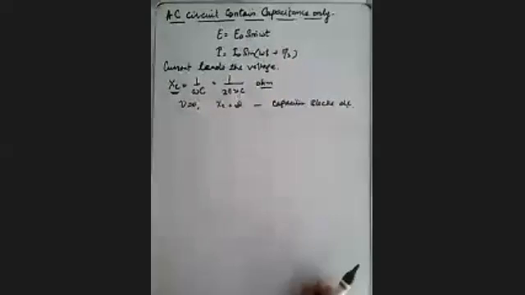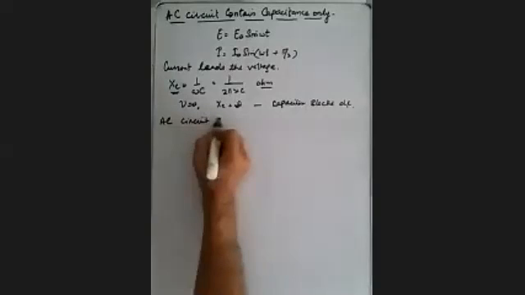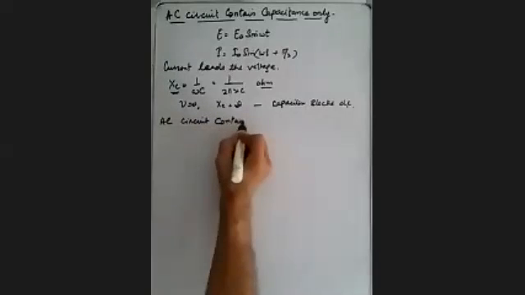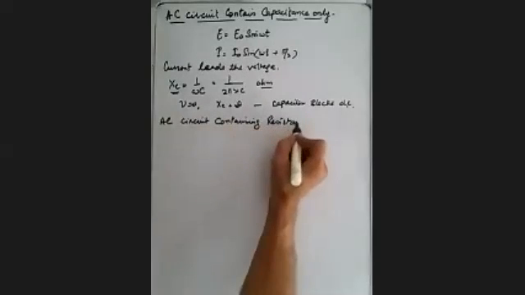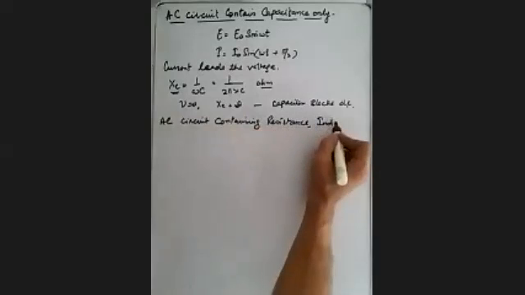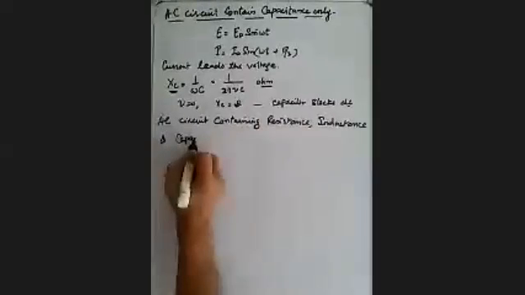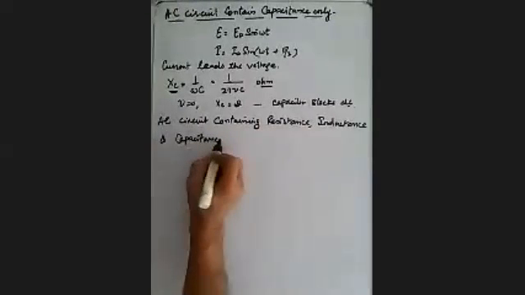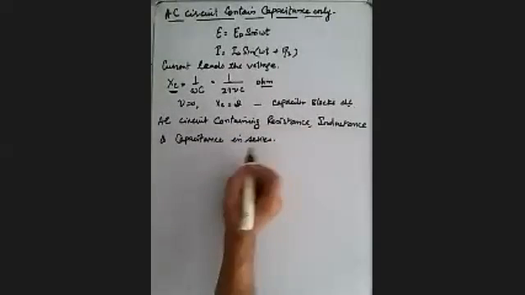Okay. Now we shall discuss the AC circuit containing resistance, inductance as well as capacitance in series. Resistance, inductance and capacitance in series.